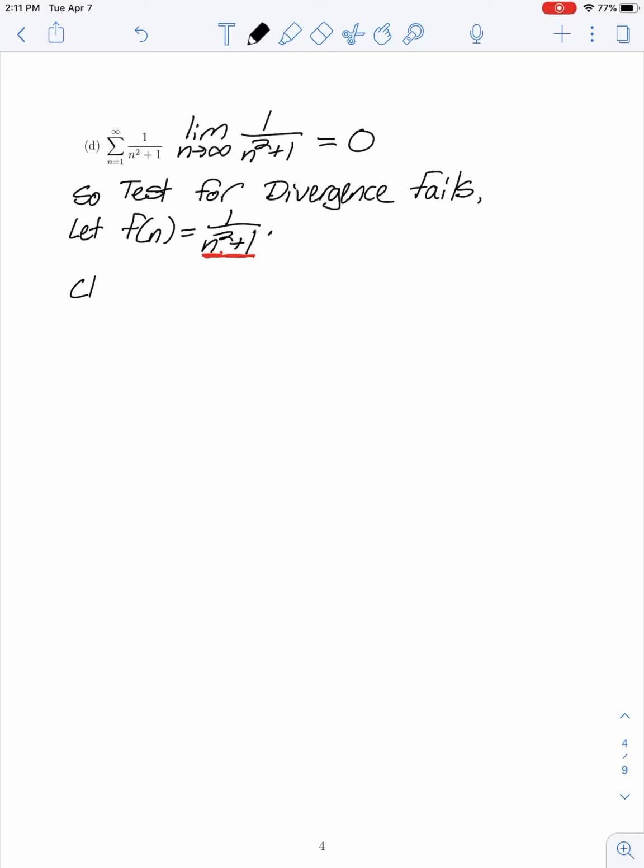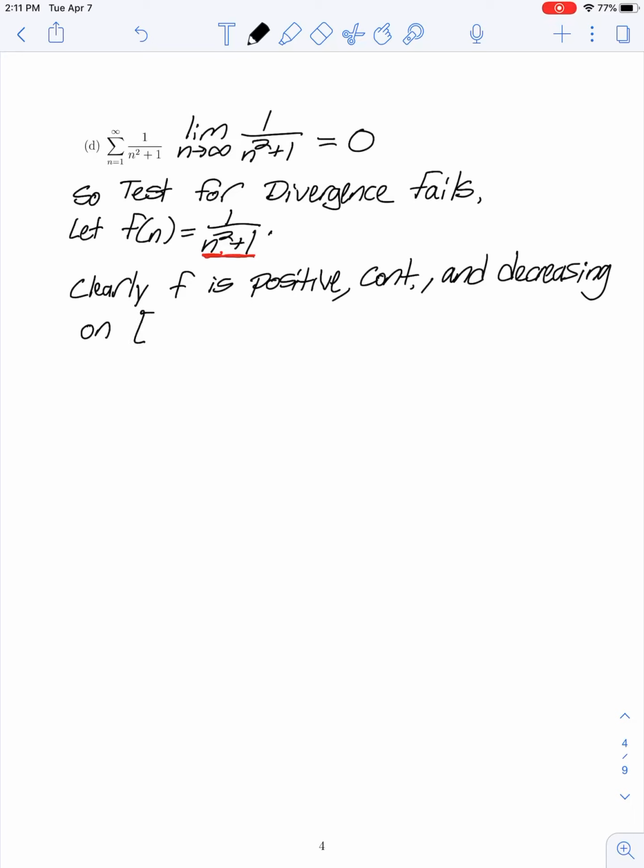So in this example, there's not much work to show. We can say clearly this function f is positive, continuous, and decreasing on the interval that we're taking the sum over, in this case from 1 to infinity.